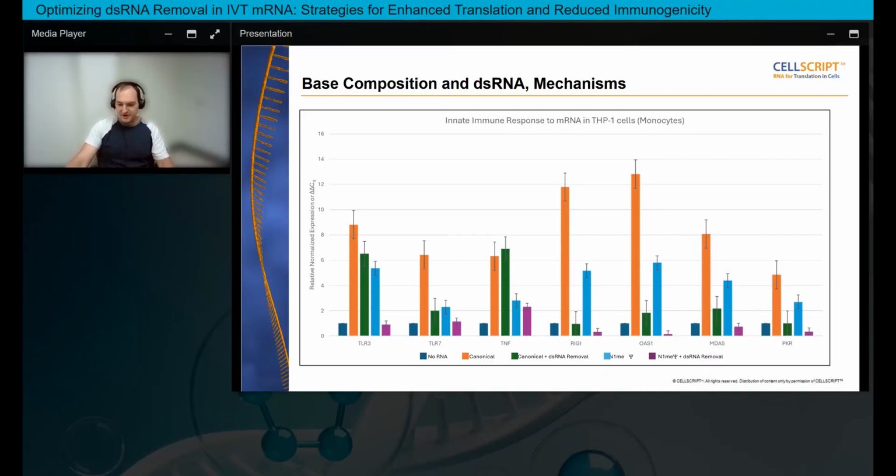But interestingly, and I'll talk about this in a second, you see different reductions in different genes depending on whether dsRNA removal or N1-methyl pseudo is performed. And when you combine them together, N1-methyl pseudo UTP and dsRNA removal, you get the lowest levels of every single category, even usually less of an immune response, even compared to the no RNA control.